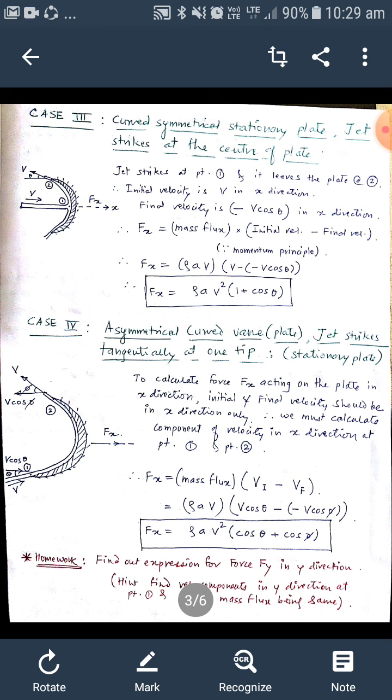And at point number 2, the jet velocity is now in the backward direction, that is V cos theta. I have not shown V cos theta there, but V cos theta is the final velocity in the direction of x, rather opposite to the direction of x. That's why in the second bracket, you can see that V is the initial velocity minus of minus V cos theta.